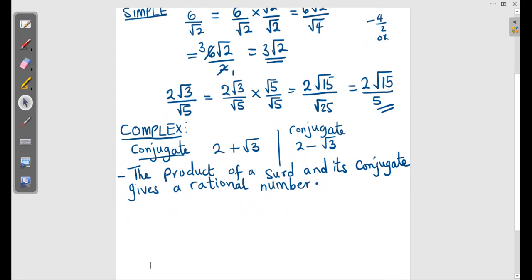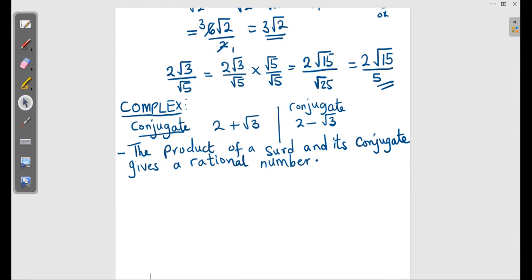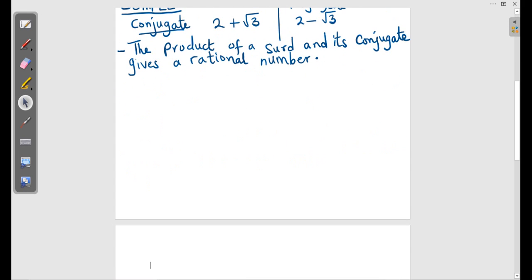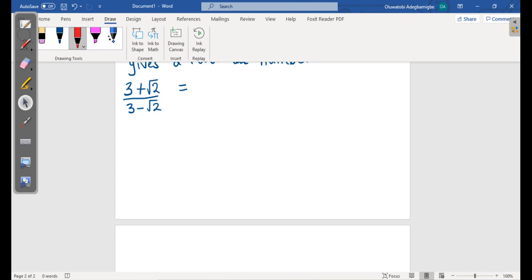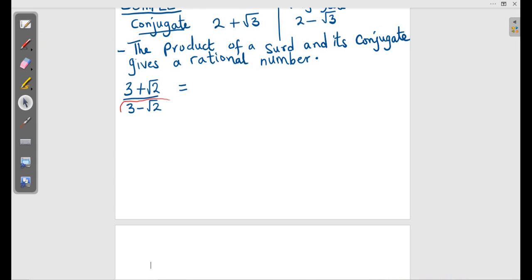And you're going to see the process is really quick, simple, and very direct. Now let us examine this question: 3 plus root 2 divided by 3 minus root 2. This is the denominator of the surd, and I will conjugate this denominator.